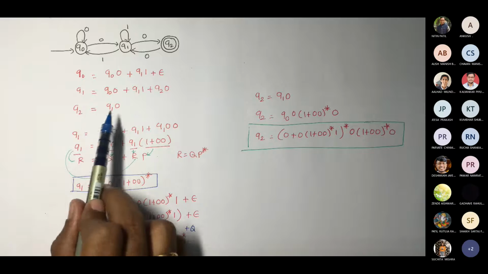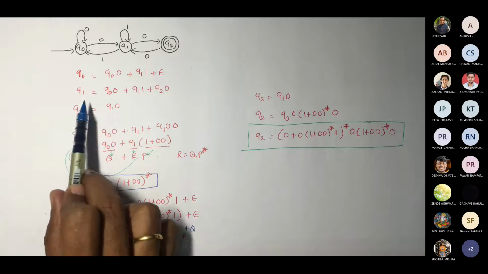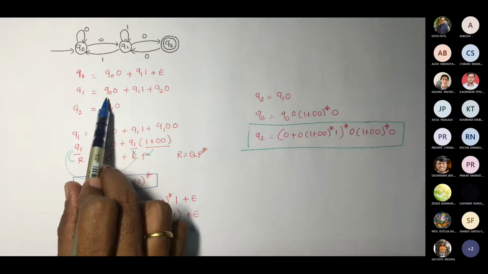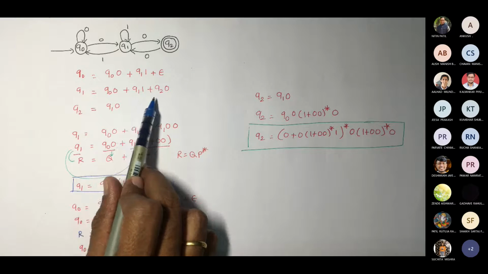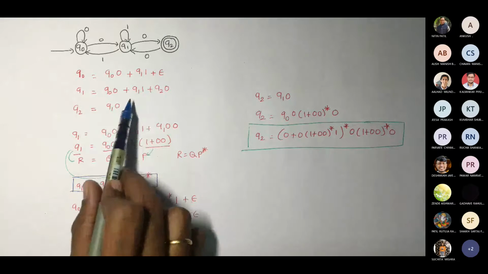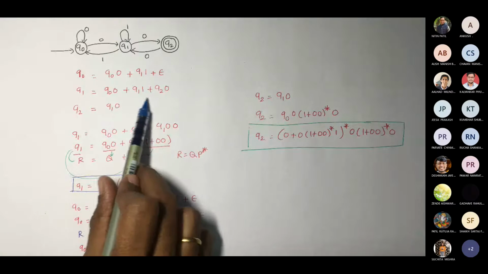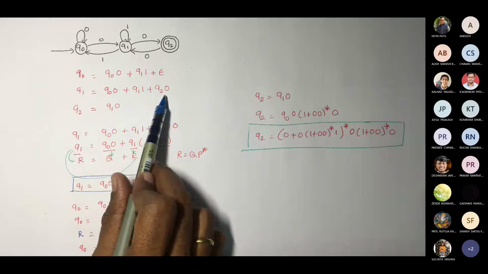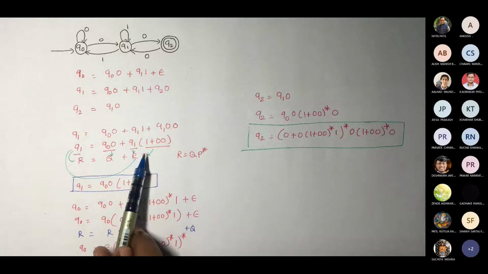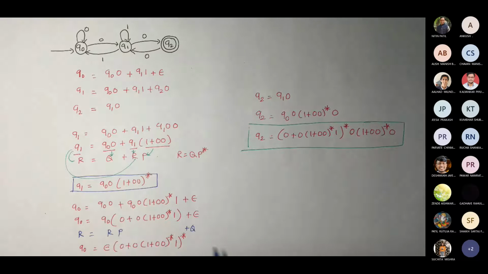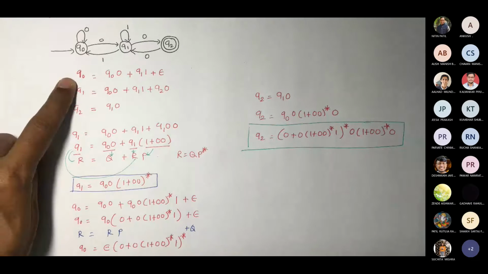And then go on. If I have to solve this Q1, for this Q1 I will require Q0. Q1 is already there and Q2 is there. So it would be better if I can get it in the form R equal to Q plus RP. This is very easy for me, correct? That's why I did it, and then so on, you have to go further. Now suppose you start with this.